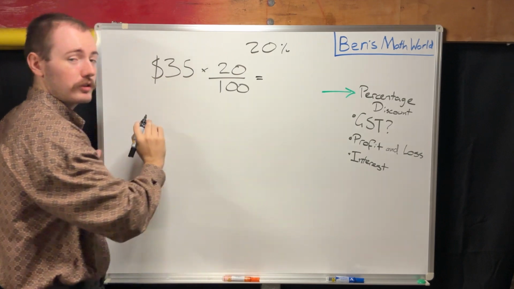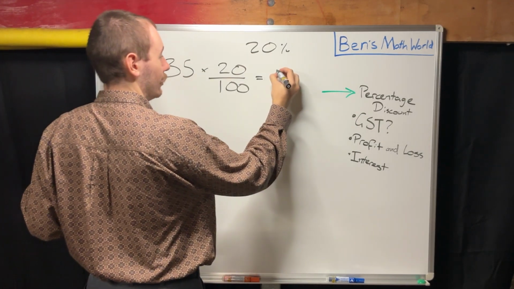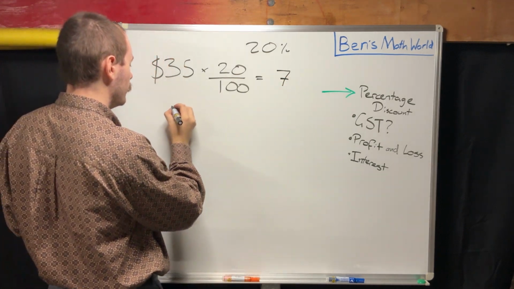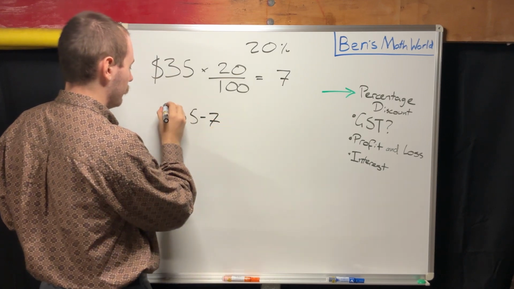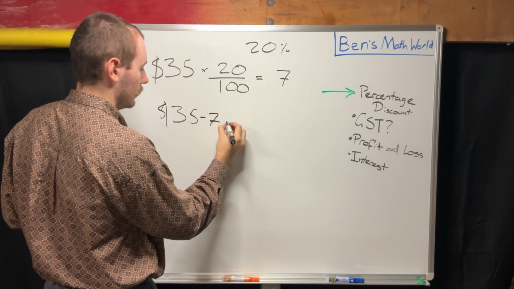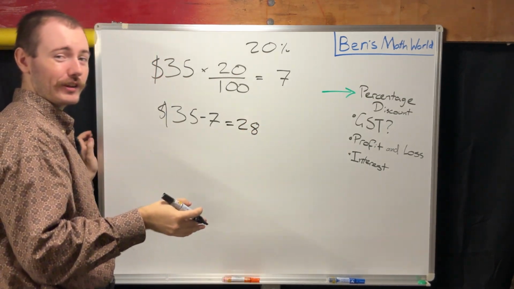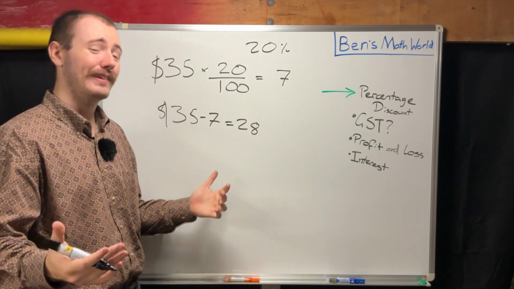Now you can probably do all this math, but I'm going to put it in the calculator because I'm lazy, and we get $7. Now remember, that's how much we're going to save. Now we need to do 35 minus 7, and then we're going to get 28. So now my KFC is only going to cost me $28. I saved $7. That's awesome. I can get something with that.